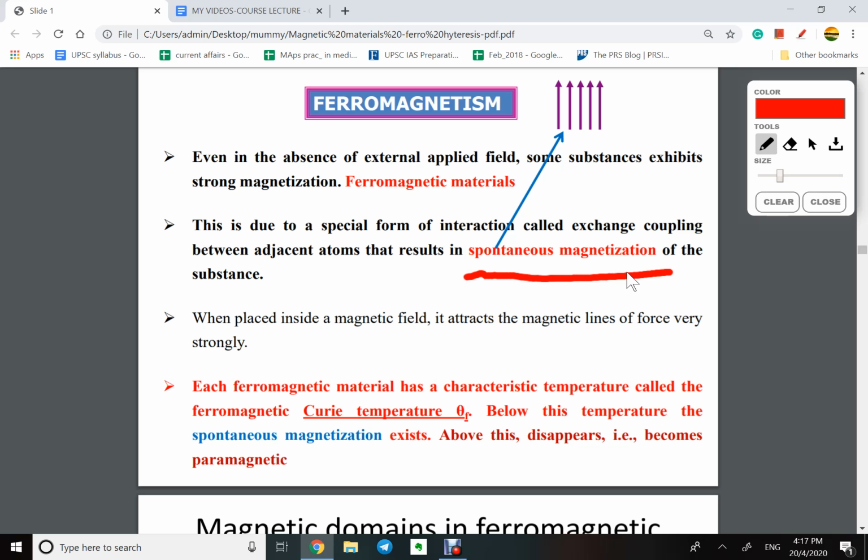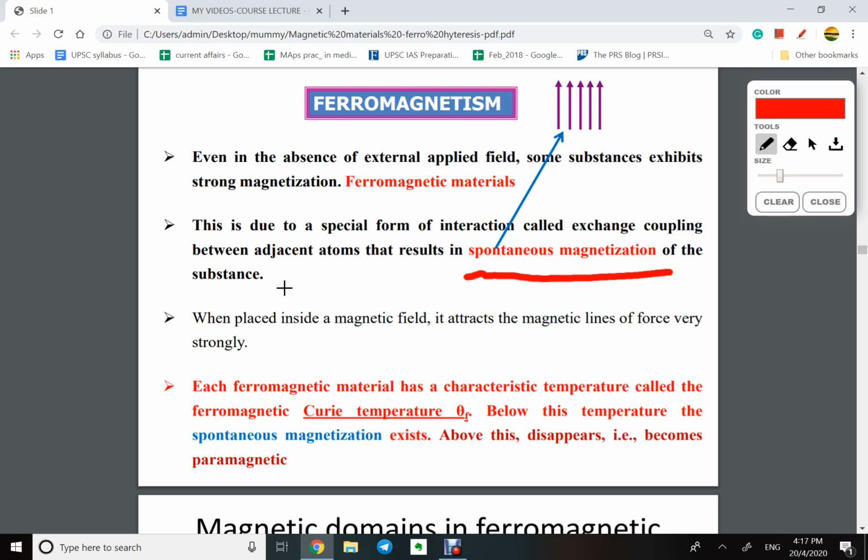Even in the absence of an external magnetic field, some substances exhibit strong magnetization. Such materials are known as ferromagnetic materials. This is due to a special form of interaction called exchange coupling between adjacent atoms, which results in spontaneous magnetization of the substance.